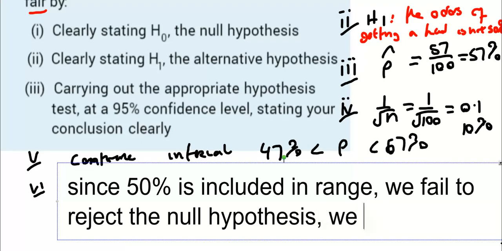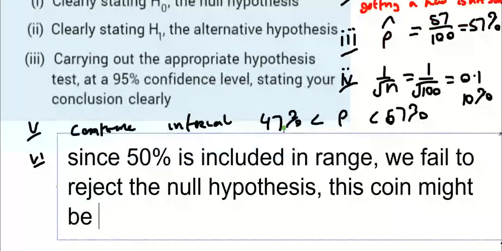We must conclude that this coin might be fair. And you're done.